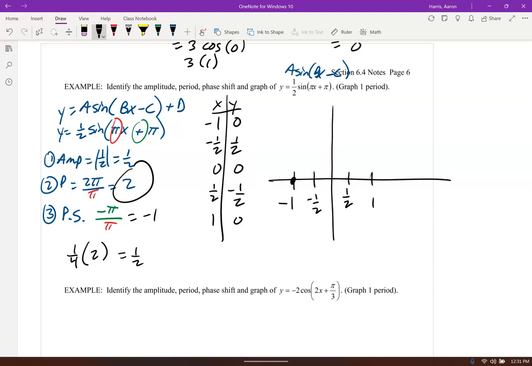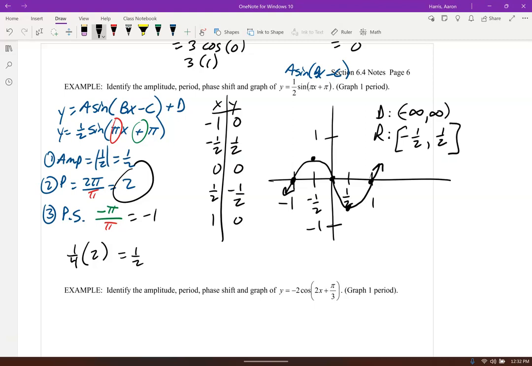So the points are negative a half, comma a half; 0, 0; 1/2, comma negative a half; and 1, comma 0. And the midline is unchanged. Of course, this keeps going. So your domain is all real numbers. Your range, though, only goes from negative a half up to positive a half, right? We did graph a period there.